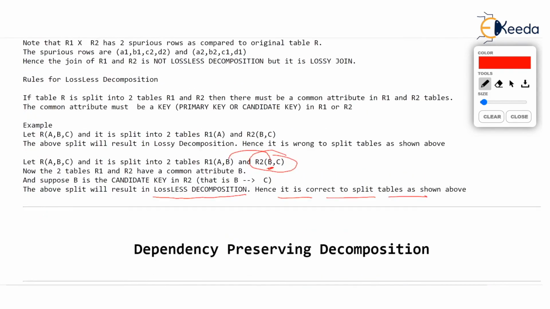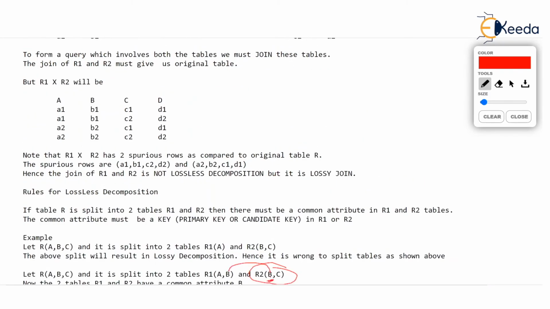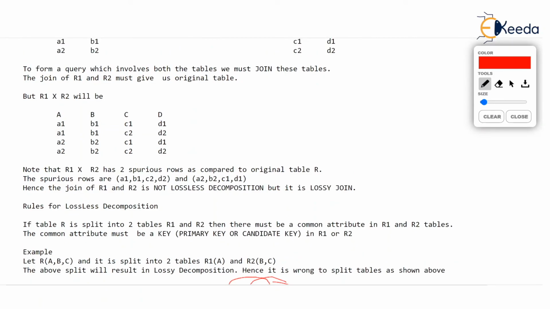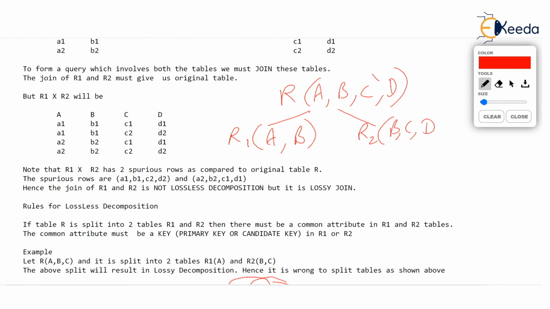Now just tell me, suppose I have a table R which has four attributes ABCD, and I split it as R1 AB and R2 BCD. Now there is a common attribute in the two tables. And just imagine that in this R2 table, we have a dependency B determines CD.